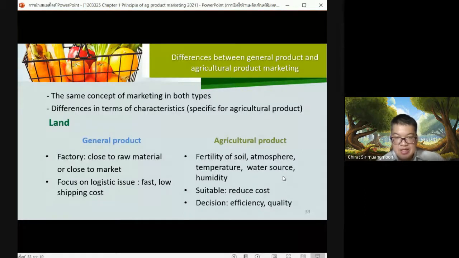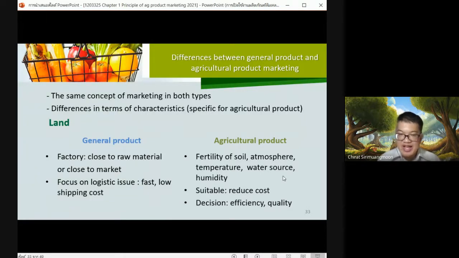So land should be suitable, because if you don't have suitable land factors, it's going to increase the cost of production. For example, if you want to produce strawberries in the southern part of Thailand, the atmosphere might not be good.